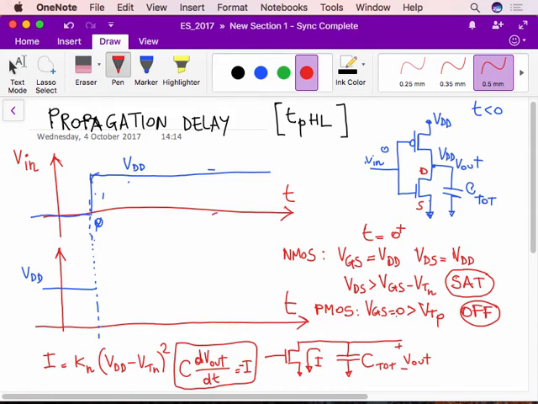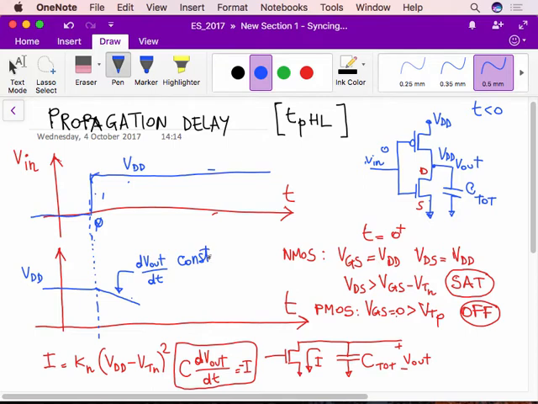Okay, so the output voltage goes down linearly in time with a constant slope. This is dVout over dt, and it is constant, equal to minus I over C.